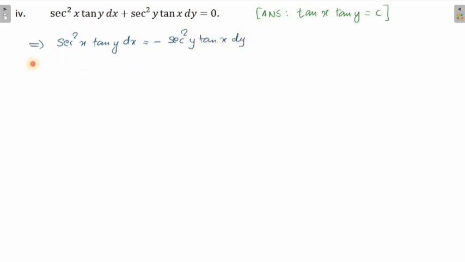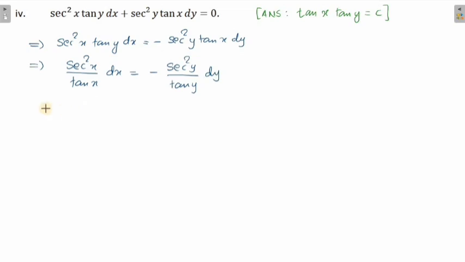Okay, so let me bring all the x to the left hand side. So you get sec square x by tan x, as tan x comes to the denominator. So you have dx out here is equals to minus, here you have sec square y and this tan y goes to the denominator. And here we have dy.